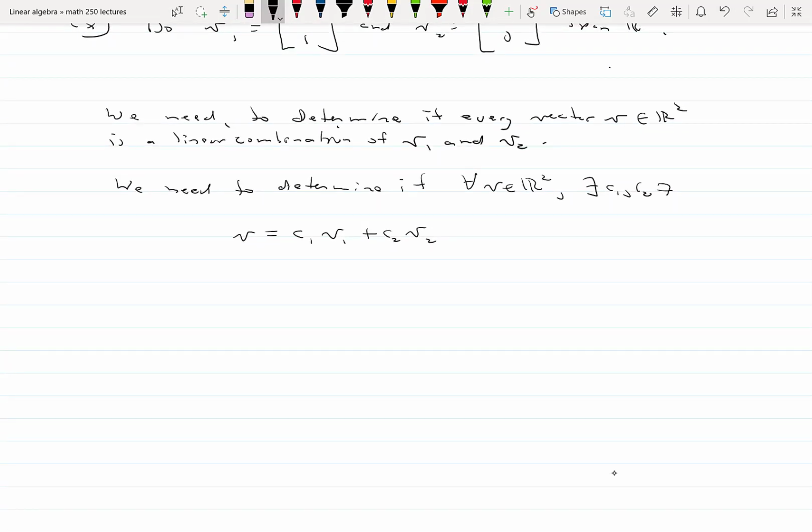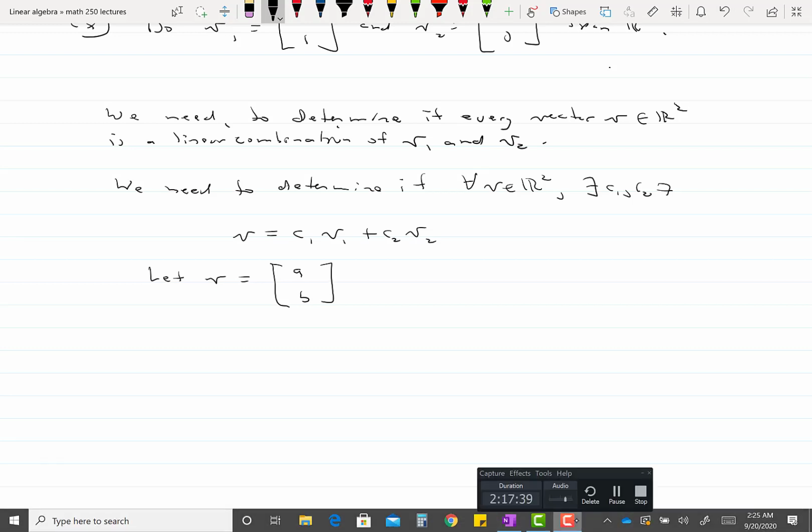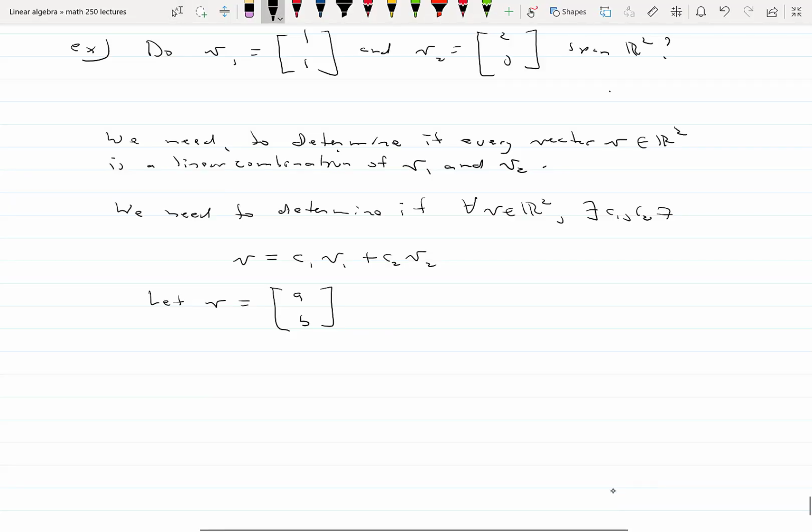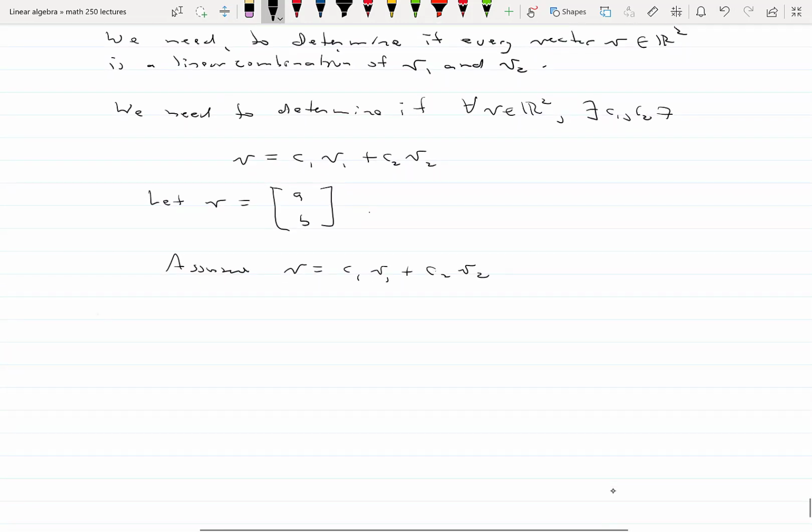So just as we did in the last example, let V equal the column vector whose entries are A and B. And assume that V equals C1 V1 plus C2 V2.